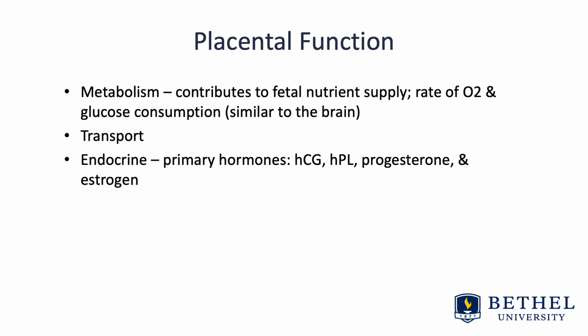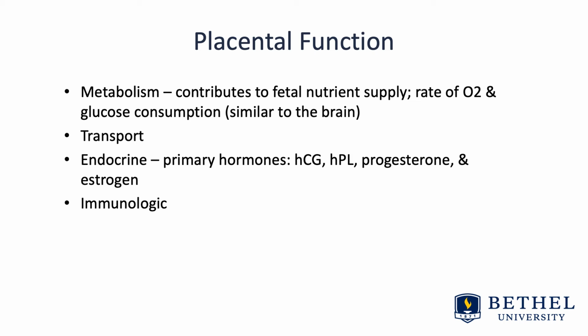So endocrine, we could really talk about placental hormones in depth here, but just to touch base on the primary ones, HCG, or human chorionic gonadotropin hormone, is released by the syncytial trophoblast, and then we have HPL, or human placental lactogen, and then progesterone and estrogen. And then it does have an immunologic role as well. So it helps with protection so that the mom isn't rejecting the baby.